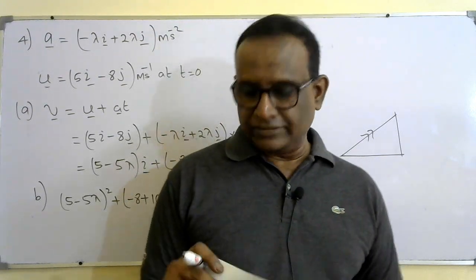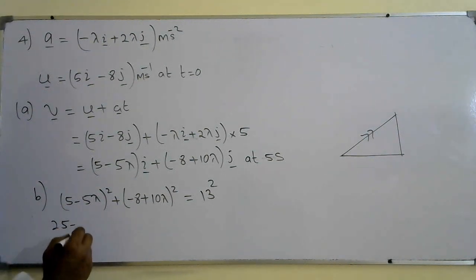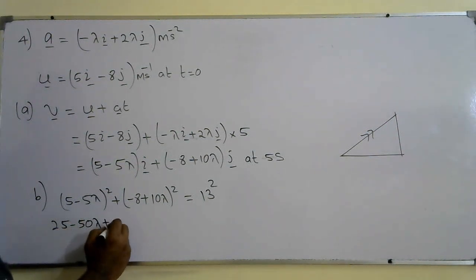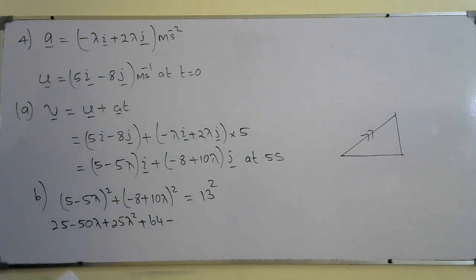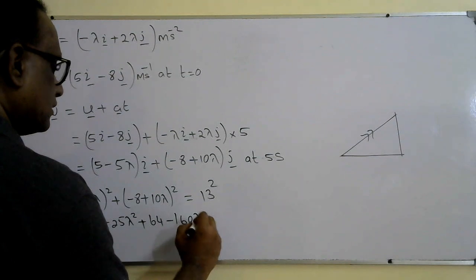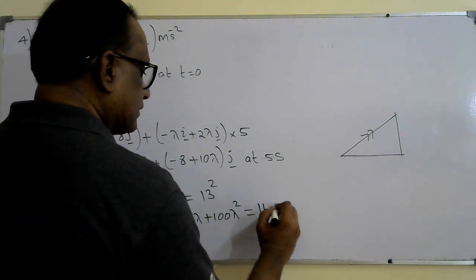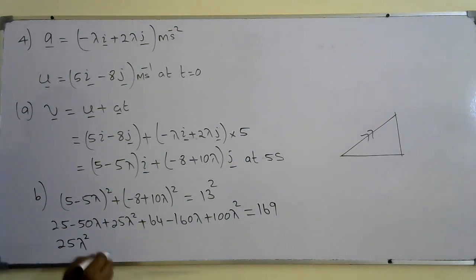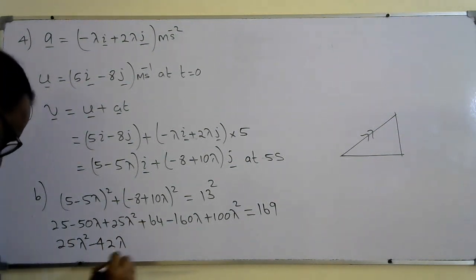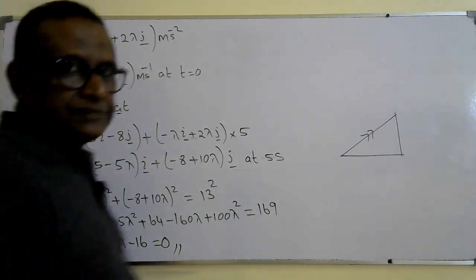If you solve, it will be 25 minus 50 lambda plus 25 lambda squared plus 64 minus 160 lambda plus 100 lambda squared equals 13 squared, that is 169. Rearrange it and you will finally get 25 lambda squared minus 42 lambda minus 16 equals 0. They asked us to show this, and we are getting that finally.